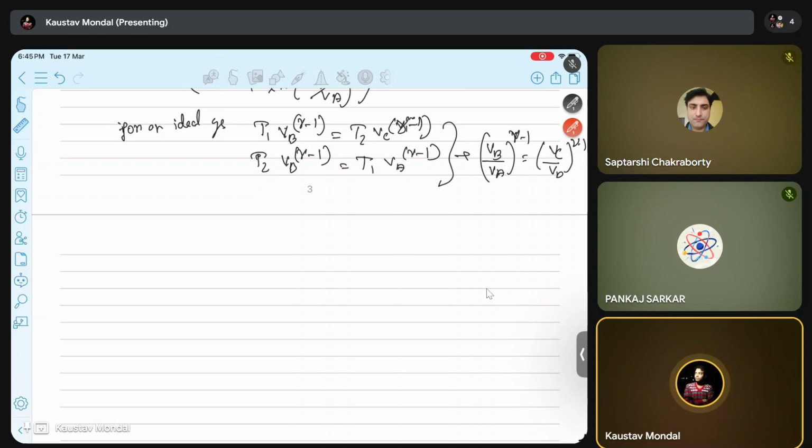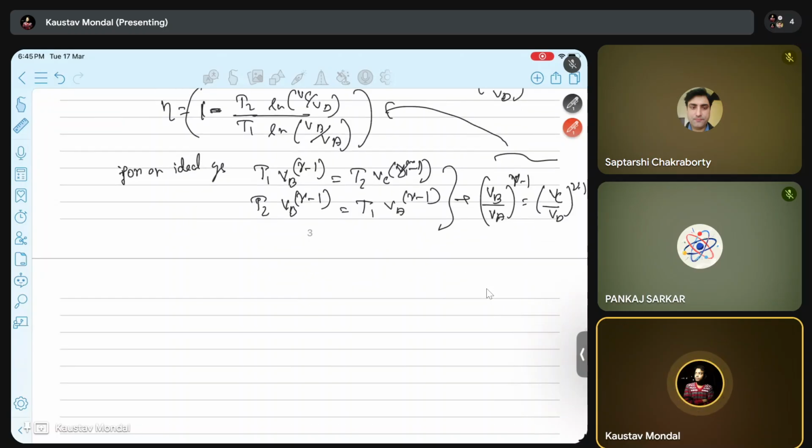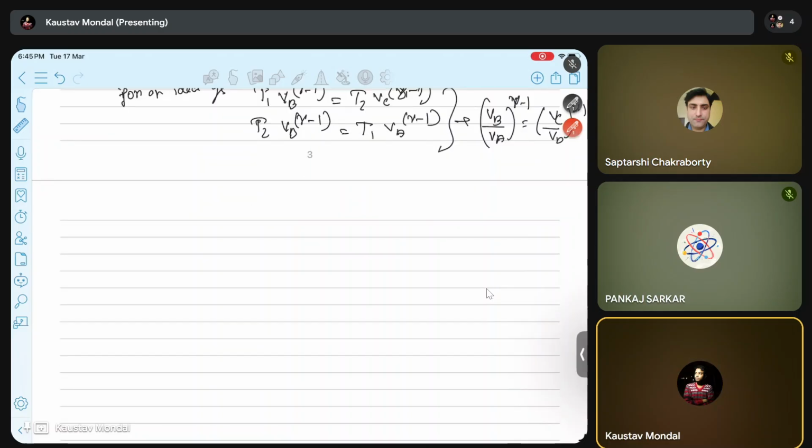So that means VB/VA equal to VC/VD. So now if you substitute this here, that basically cancels out ln(VC/VD) and ln(VB/VA), right? Which gives the relation eta equal to 1 minus T2/T1, right?